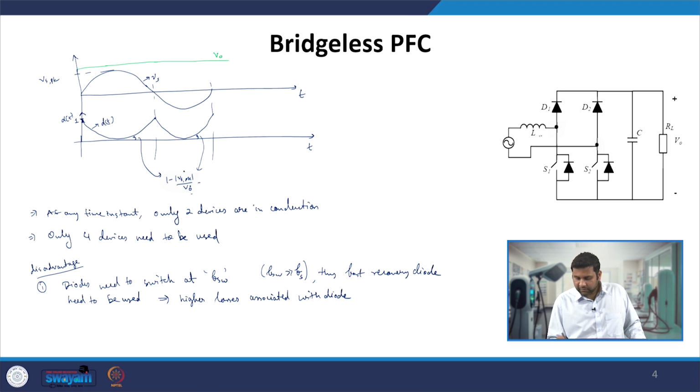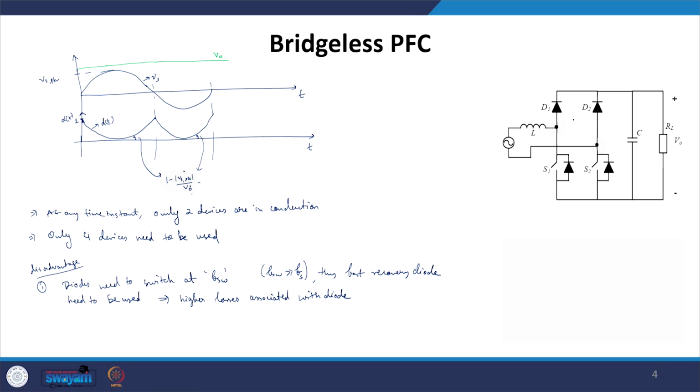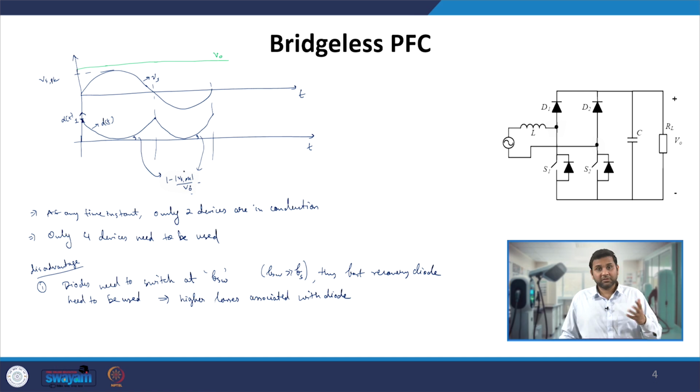However, if we see the L value and C value, it is the same as what we calculated during the boost PFC case. But here the diodes have to be very fast recovery diodes, and the reverse recovery losses are enormously high, since the diodes are becoming off and on in every switching cycle, and this switching cycle is very small as compared to the line cycle period.